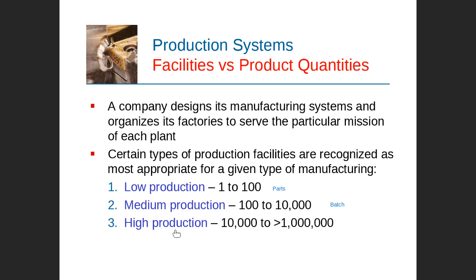If you look at high production, what is high production? High production has a typical production line. They manufacture a typical product. A typical product could be, for example, a car.